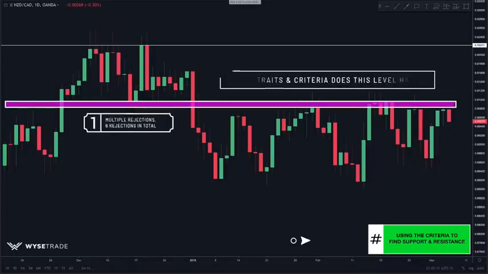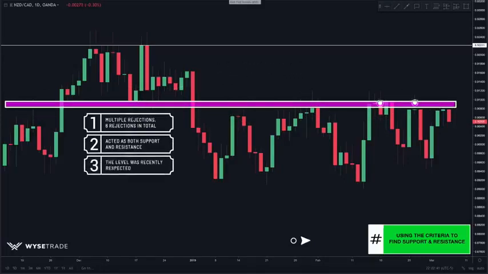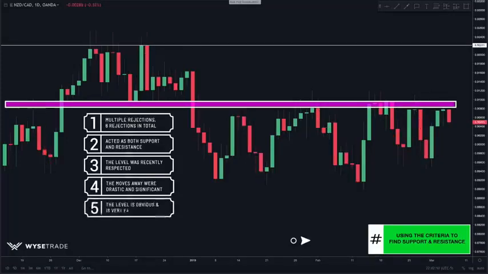There are multiple rejections of this level, a total of 6 rejections. 2. This level has acted as both support and resistance. 3. The level was recently respected, meaning it is still valid in a current time period. 4. The moves away from this area are drastic. And 5. The level is fairly obvious, as you should have been able to see the reversals from this area very quickly.